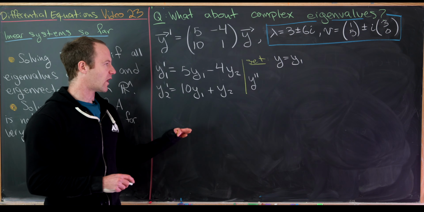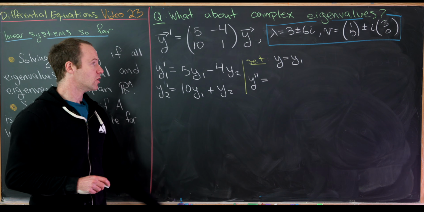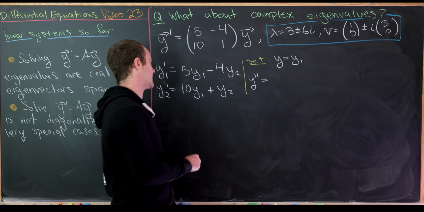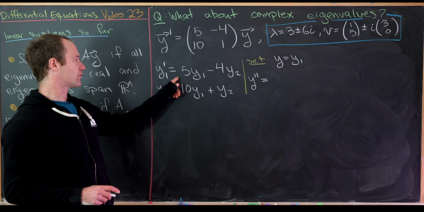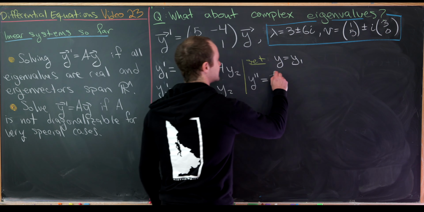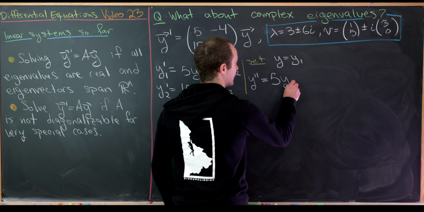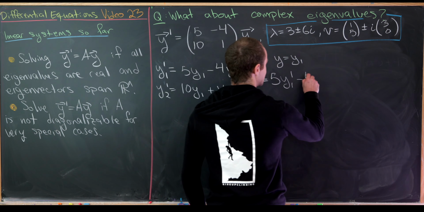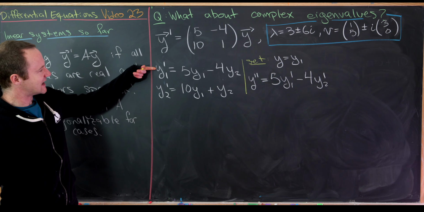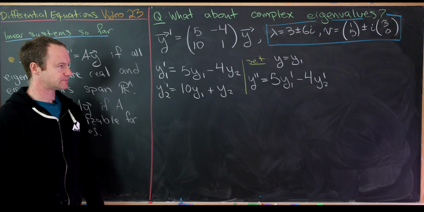But let's notice that y double prime is the derivative of y prime, or in this case, the derivative of y1 prime. But we know that y1 prime can be expressed with y1 and y2 as follows. So that means we have y double prime is 5y1 prime minus 4y2 prime. Just essentially by taking the derivative of this first of our two equations.